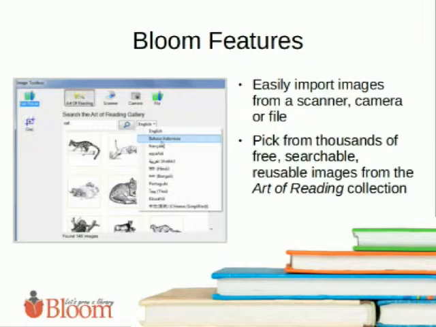That's a collection of thousands of fully licensed images that you can use and reproduce as many times as you want. It's a database that's searchable, so if you type in frog or cat or tree or something, it'll bring up those things, and it's indexed in multiple languages. I don't know all of the languages it is, but if you search for Frosch, like in German, you'll get the image of frog as well, just as in the English.